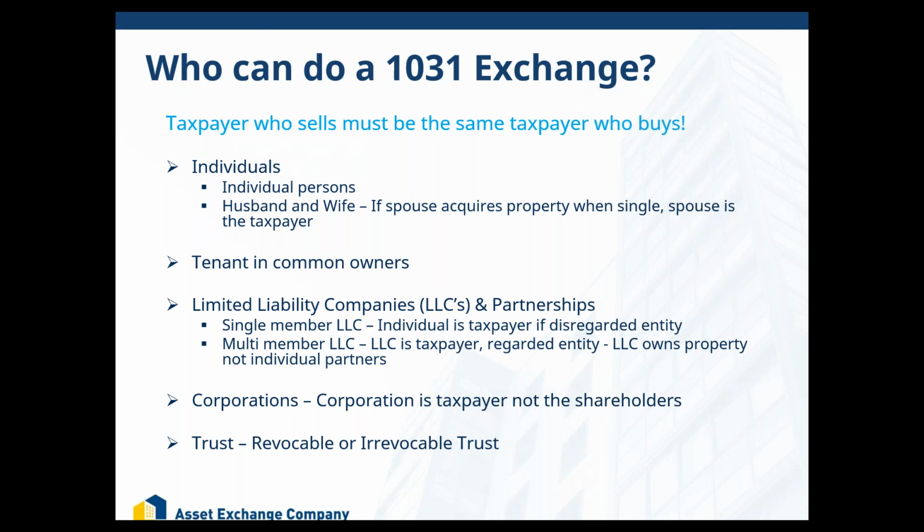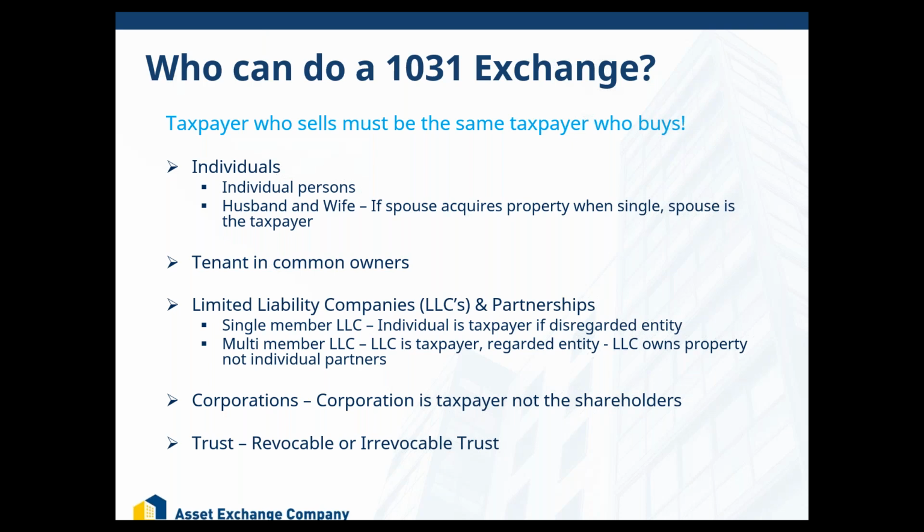So sometimes we see somebody will own a property in their individual name, right? They sell it in a 1031 exchange, and then the replacement property, they actually have the option to purchase it in their individual name, or they can even purchase it in their disregarded entity, their disregarded LLC. Now, it works just the opposite way too.